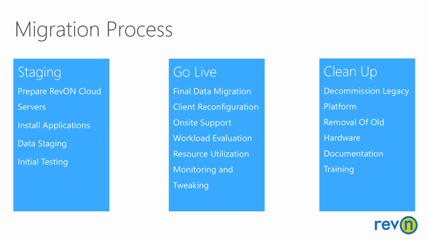So now that we've talked a little bit about RevON Cloud and the migration process and the back-end infrastructure, hopefully that gives you a feel of what RevON Cloud really is, and what possibilities there could be for your business, looking at the next steps. If this is something you're interested in, I'd advise you to talk to your account manager, your VCIO, and say, this is something I'm interested in. Does this make sense for me?